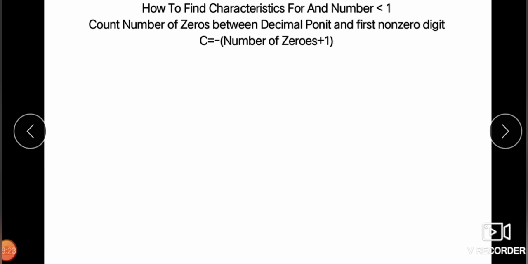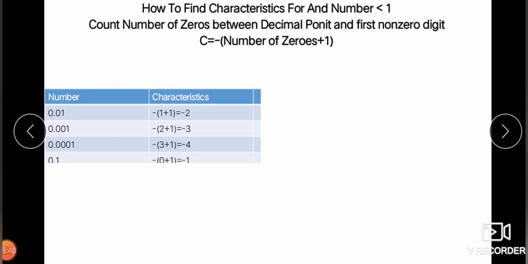How to find characteristics for a number less than 1? For this we have to count the number of zeros between the decimal point and the first non-zero digit, and characteristics will be equal to minus of number of zeros plus 1.